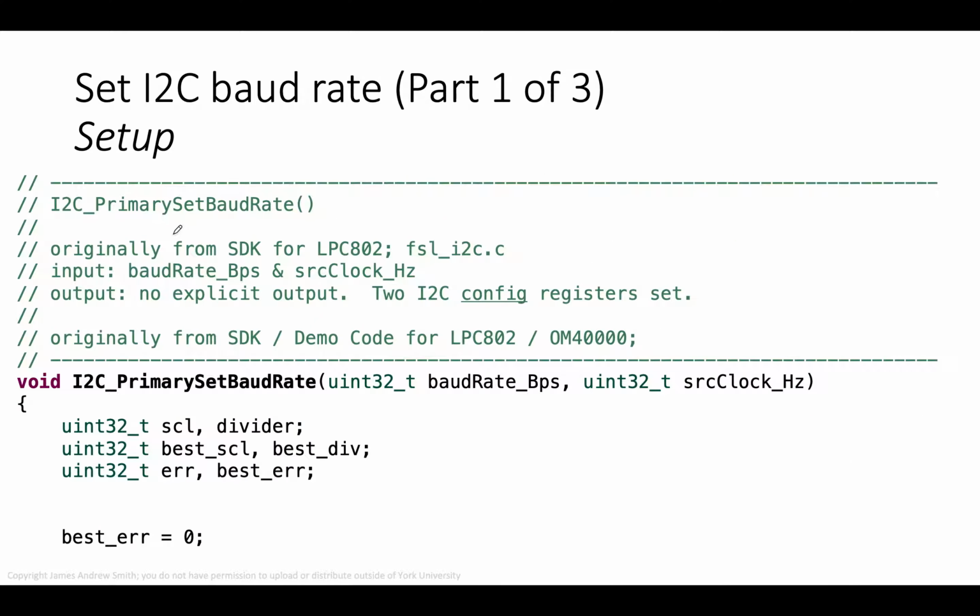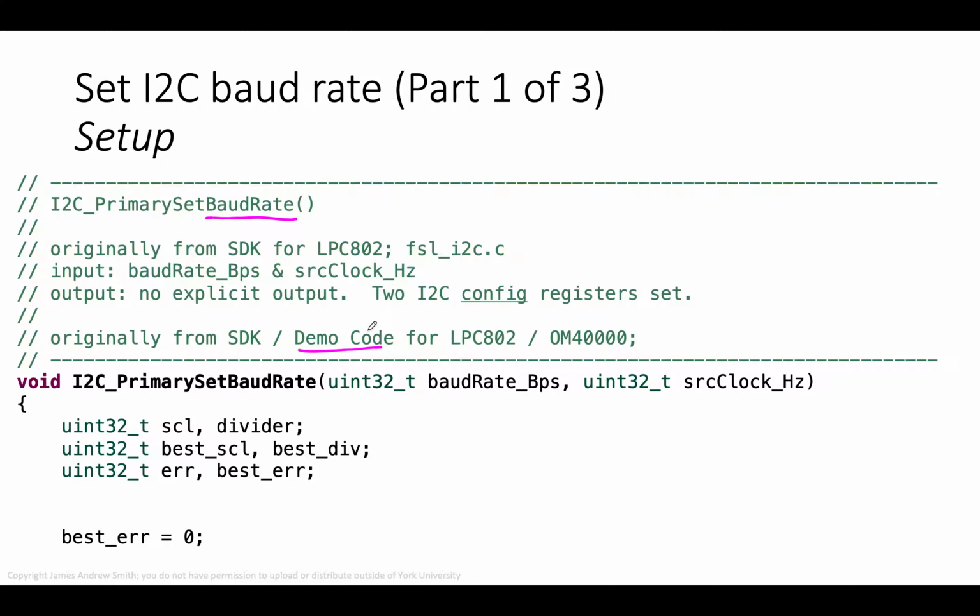All right, so that was for defining wait conditions to make sure that the I2C module was ready to process information. The next thing that's important to talk about is the setting of the frequency at which information is sent or received by the I2C module, or setting the baud rate. Basically you have code that I took from the demonstration code for the LPC802.